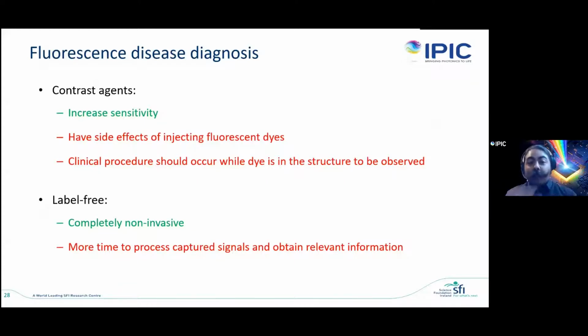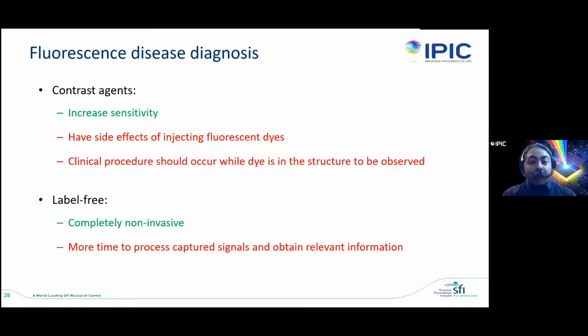Mainly, we have those using contrast agents. In this case, we have increased sensitivity, so we can probe very small changes in tissue. But we have side effects of injecting fluorescent dyes, and we need to perform the procedure while the dyes are within the system. Still, this can be very good for very quick procedures, and it is the one used most widely.